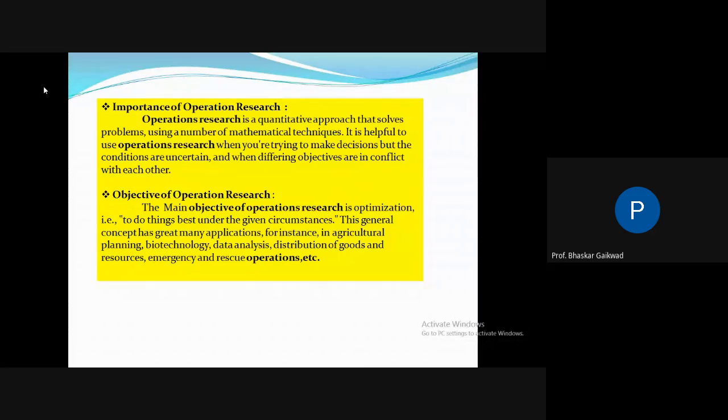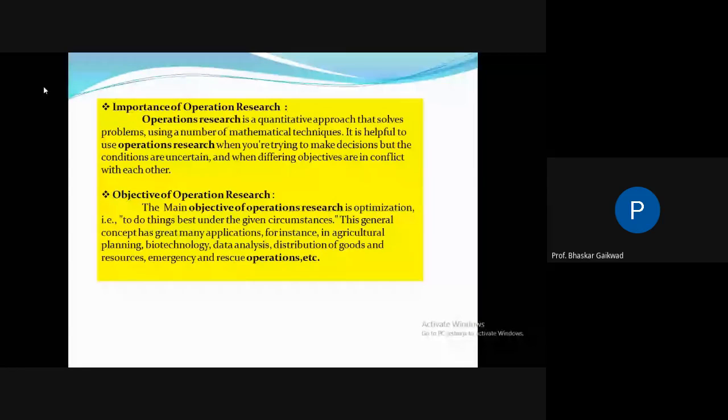Now, what is actually the objective of operation research? The main objective of operation research is optimization techniques. It means there should not be too fast, there should not be too slow. The optimum solution should be there.